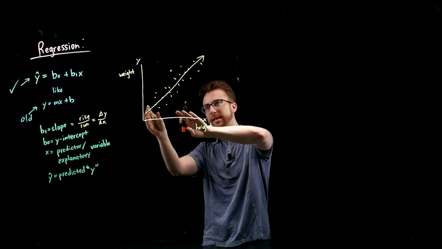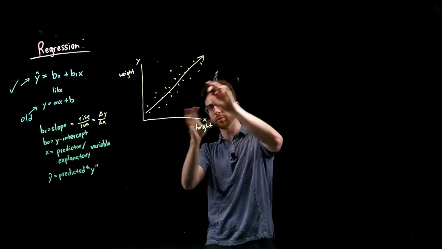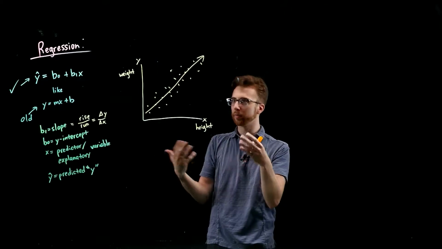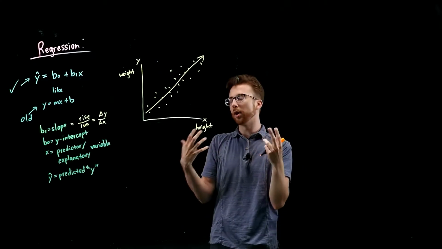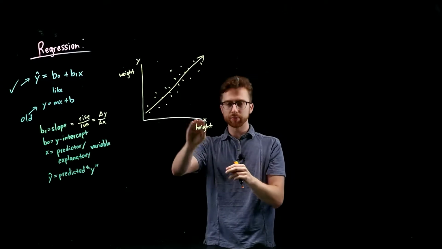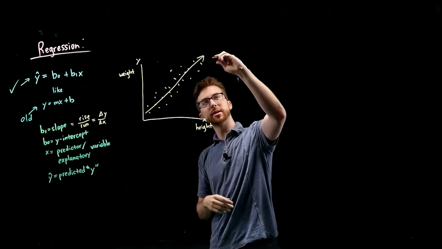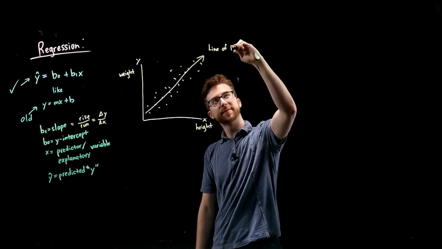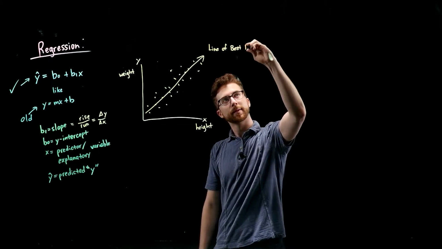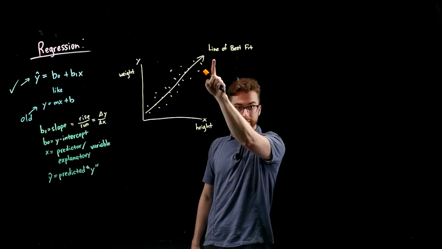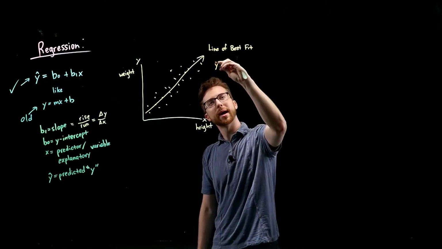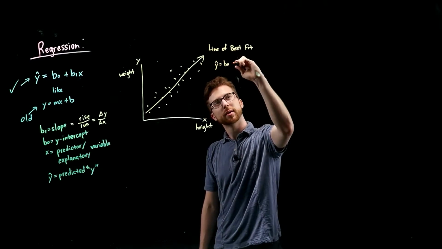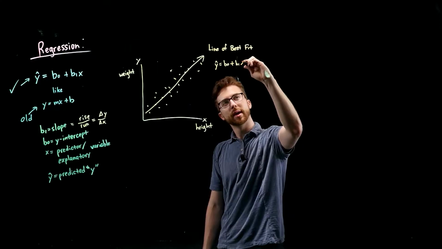So you can see that given these dots and given the general trend, that appears to be probably a good overview of what the relationship between x and y might be. So this right here is going to be the line of best fit. And the equation of that line, you guessed it, is y hat equals b naught plus b1 x.